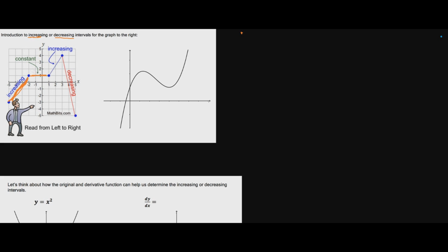There's no rise over run. That's why it's constant, or in other words, zero. And right here, this says positive or negative slope. Well, it has positive, so that's why it's increasing. And notice this red line here, this red line has negative slope, so that's what's considered decreasing. And that's really it. It's a big idea in calculus, but that's really all there is to it.